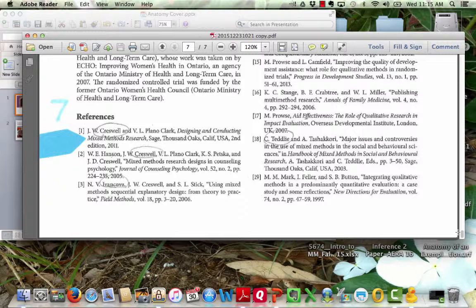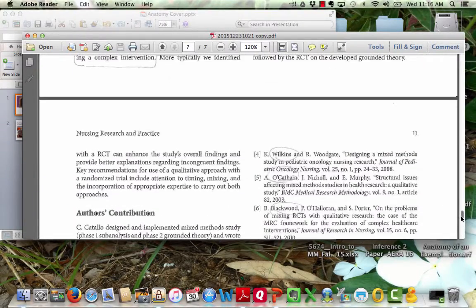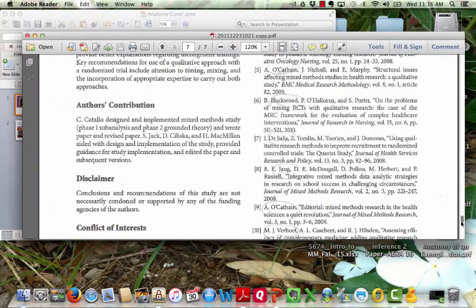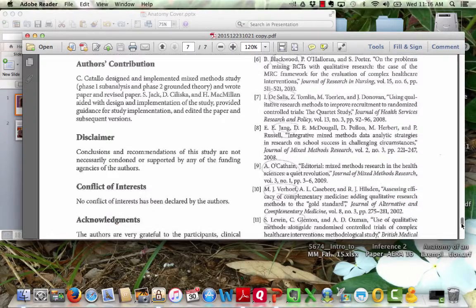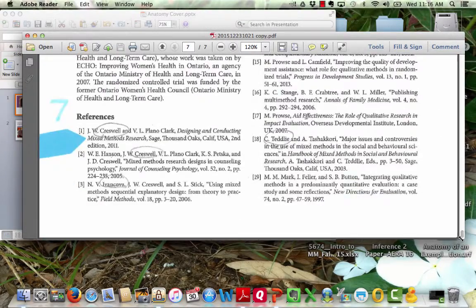One way you do this is by citing the methodological literature from all those three traditions. These authors have done a super job of that. You see that they're citing some of the big names in mixed methods research. I've circled some of those. But you'll also see that they have almost equal attention to qualitative methodological articles and quantitative methodological articles.